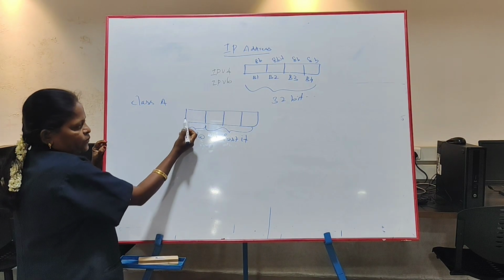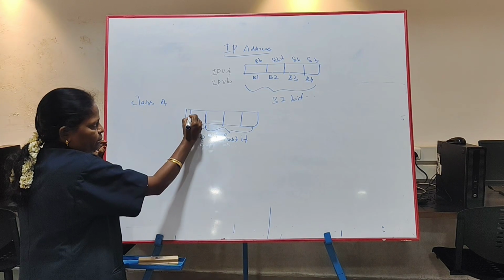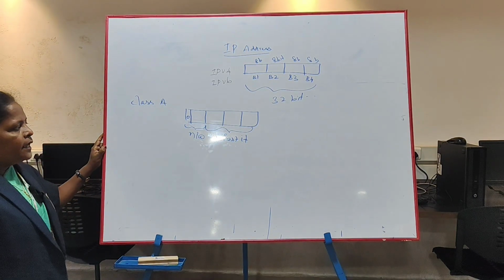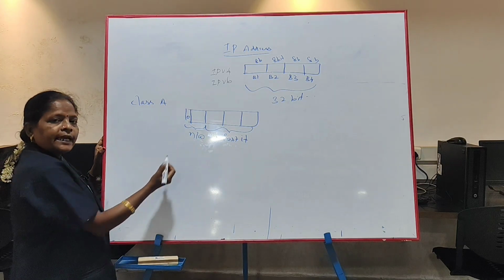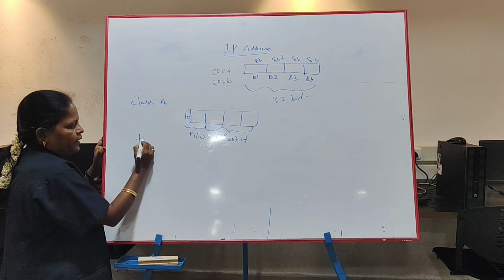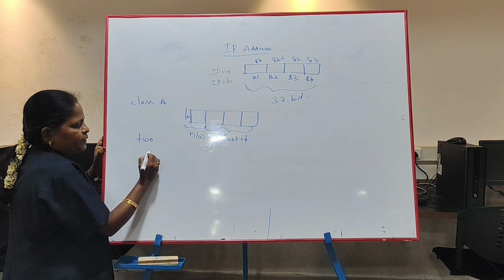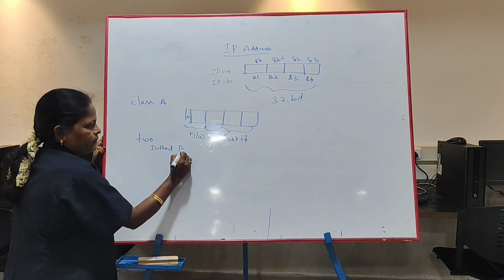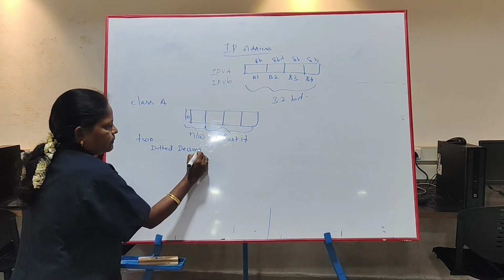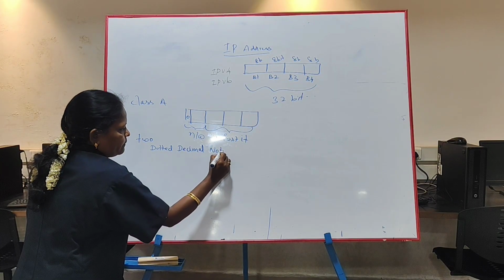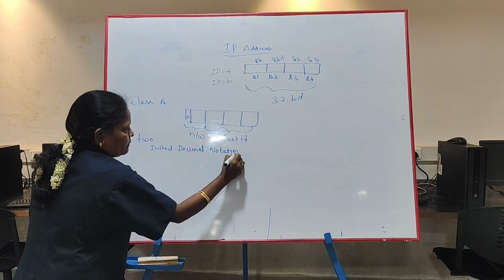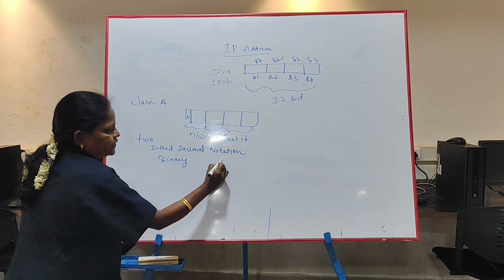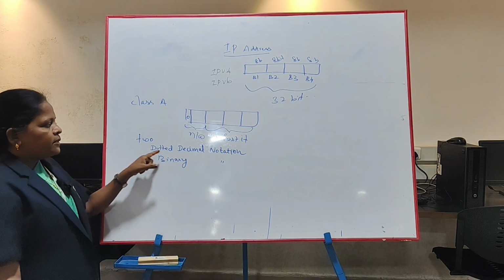Out of this 1 byte, the first bit is represented as 0, right? Because the network address can be represented in two ways: one is dotted decimal notation, another is binary notation, right? So what do you mean by dotted decimal notation?